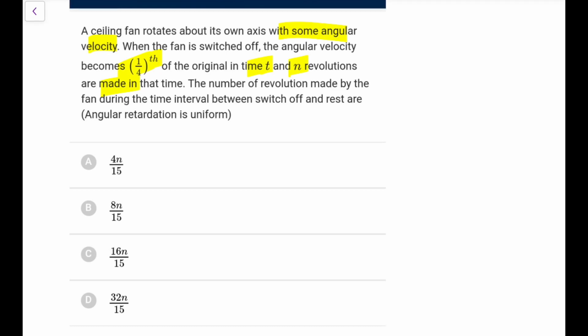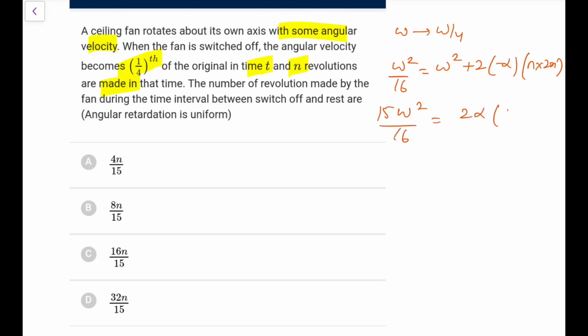So first of all, what we are given, from omega to omega by 4. What we can write? Omega square by 16 would be equal to omega square plus 2 into minus alpha into theta, that is n into 2 pi. So this is 15 omega square by 16, that difference, is equal to 2 alpha into 2 pi n.